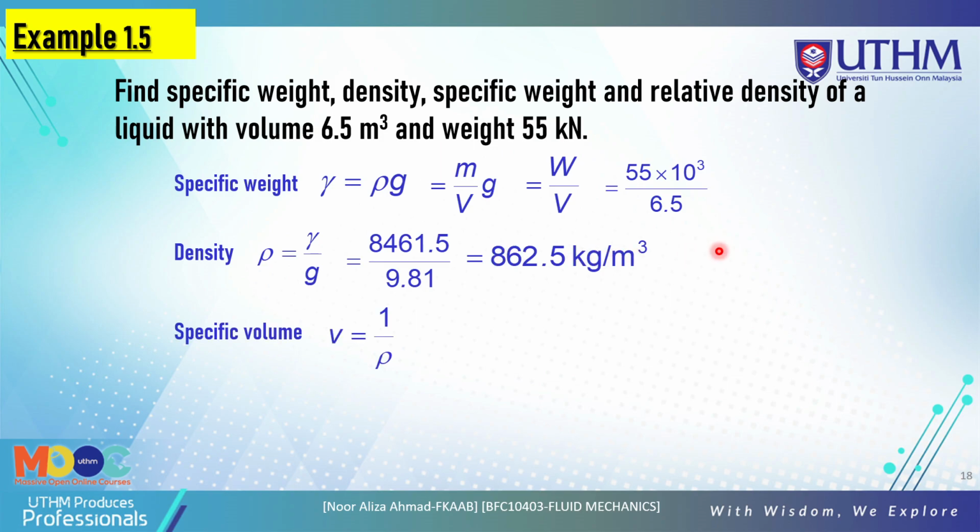Now look at the specific volume. The specific volume is equal to 1 over density, 1 divided by the density, so you put the value in and get the specific volume.